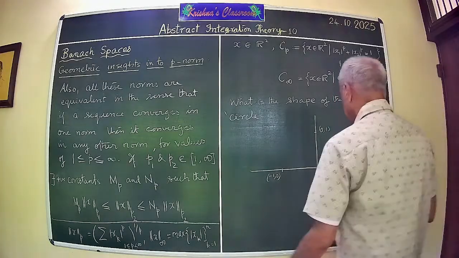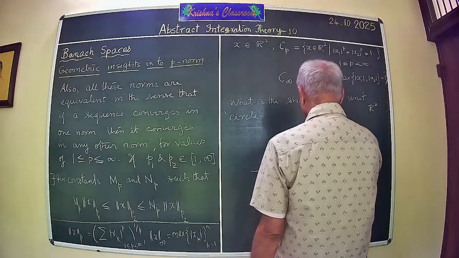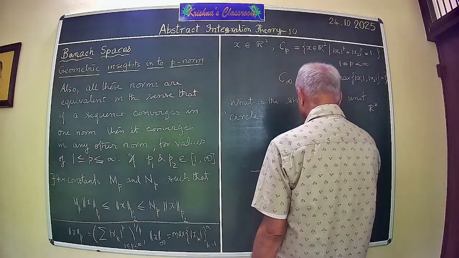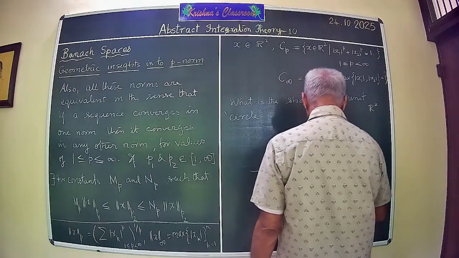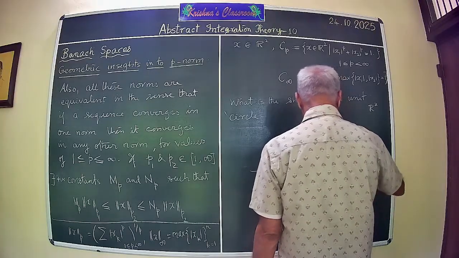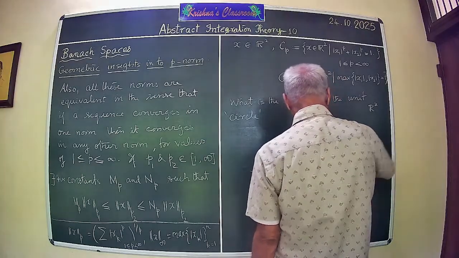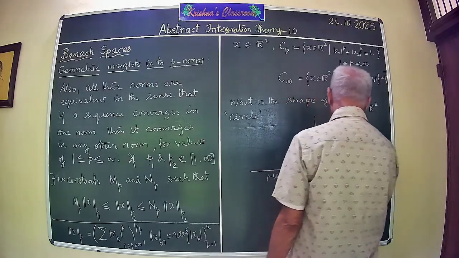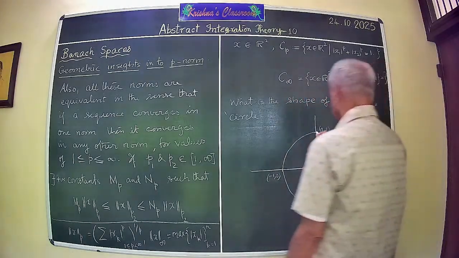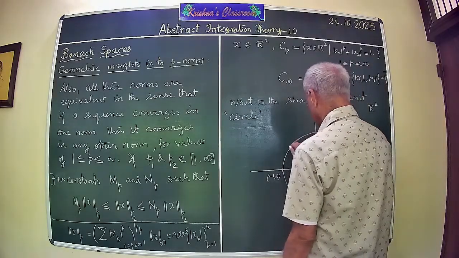And you see that our traditional circle with radius 1 is a circle, actually a circle.